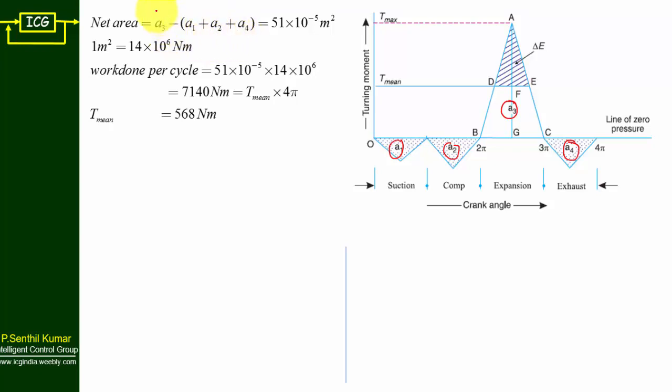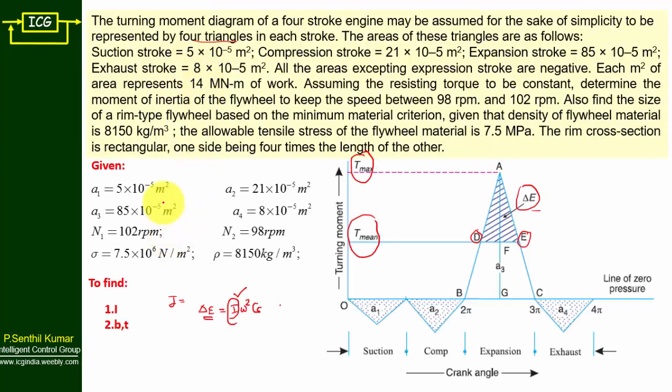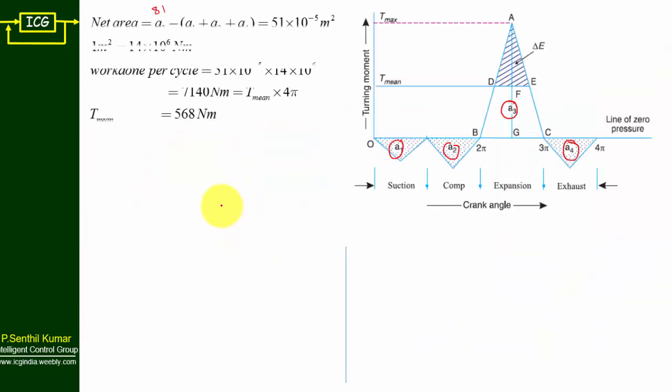A3 is 85, and all the remaining data you can refer to in the previous slide. You subtract these from 85, and you will get 51 into 10 power minus 5 meter squared.